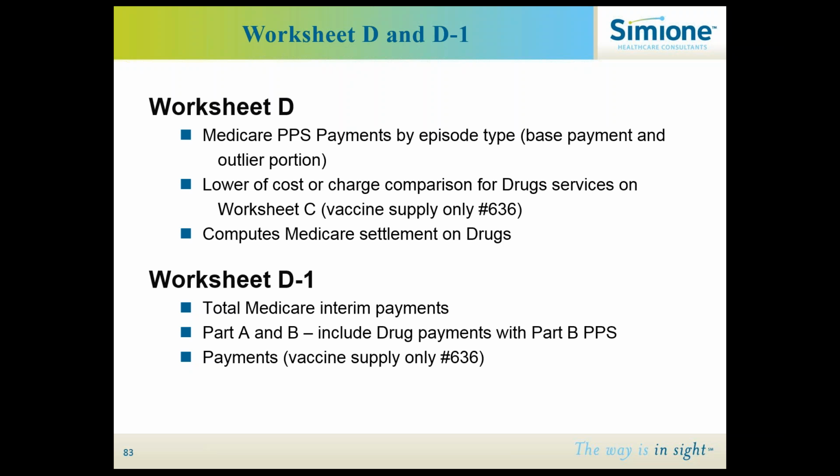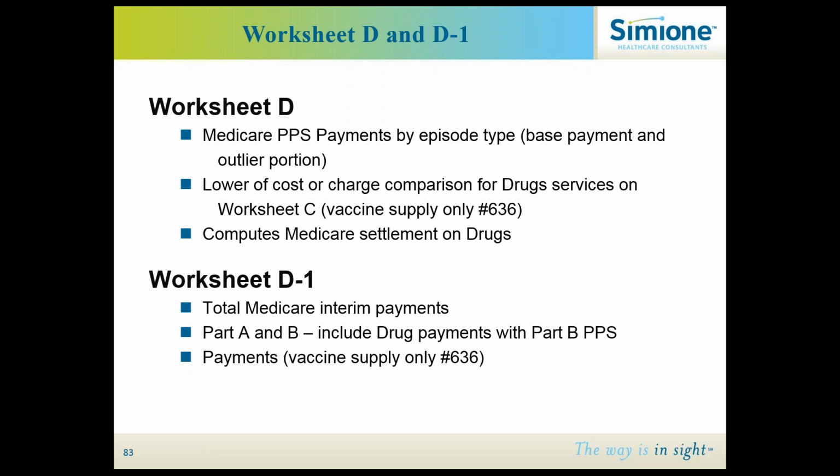If you owe money to Medicare, you have to send a check in with the cost report. In PPS, you shouldn't have that. If Medicare owes you money, they're not going to send you a check, so why have it? So if you see monies due to or from Medicare and you do not have flu, then you've made a mistake because it should be zero.